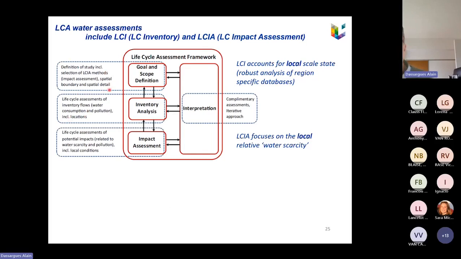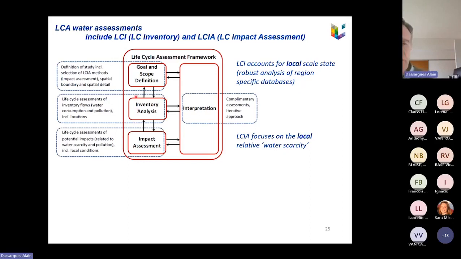And the important thing is to point out the fact that in this definition of the study and selection of the objectives of the study, there are some special boundaries and special details. It means that the life cycle assessment approach and inventory accounts for local scale aspects, which is indeed very important for water, as you can imagine, and as I explained before.